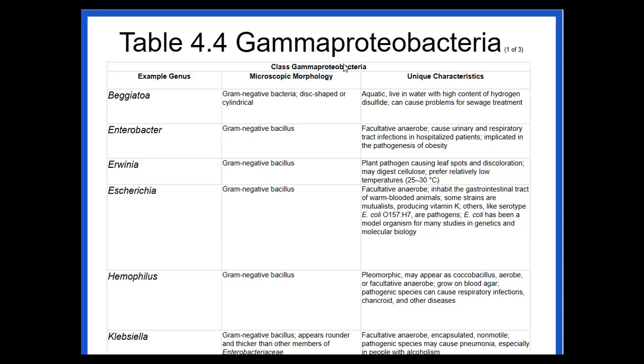May iba-ibang mga agar, no? Nutrient agar, meron ka ring chocolate agar. Depende yan, mapag-aaralan niyo sa lab kung anong mga species ang mag-grow sa specific na agar. You have pathogenic species that can cause respiratory infection, chancroid, and other diseases.